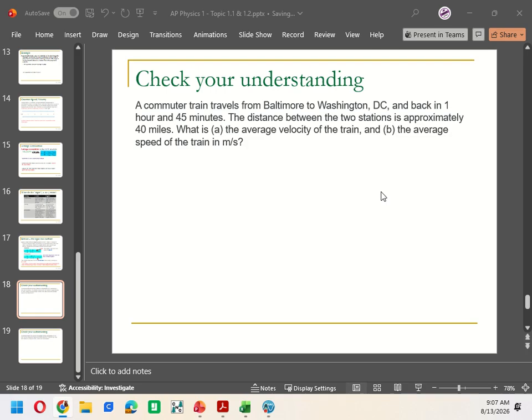And that's now part B. It says the average speed. Okay, speed is my distance over time.